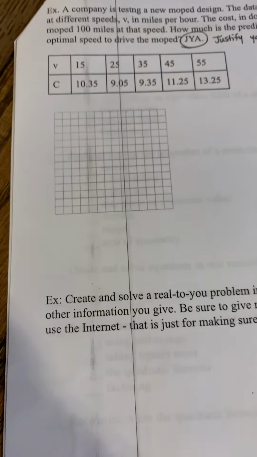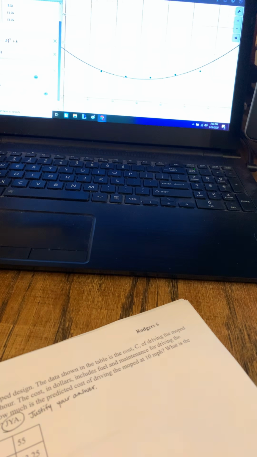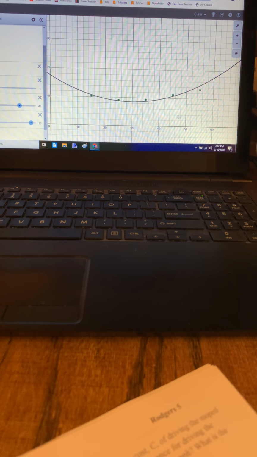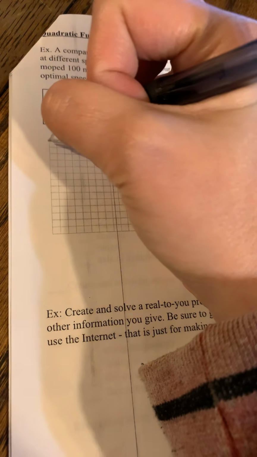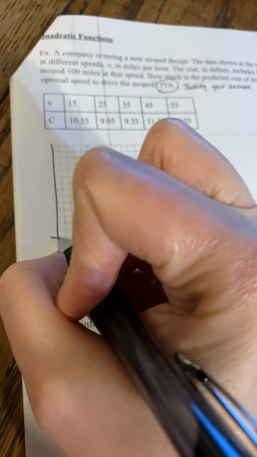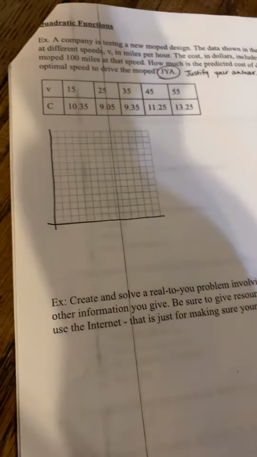I'm gonna plot the points. So I need, I only need to go up to like, what does that say? Up to 20, not even really. I really just need to be around 10. They're all kind of hovering around that, right? And then my x-axis, I do need to go far in my x-axis. I'm gonna count by 10s, okay? And again, when we graph, we're gonna graph in pencil in case we screw it up.